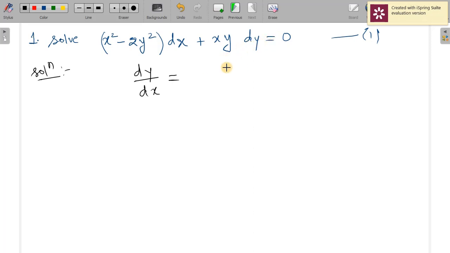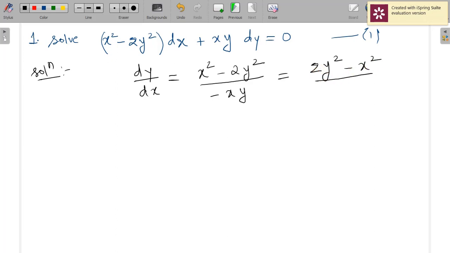When it comes down, minus xy goes to the other side, and we have (x² − 2y²) by minus xy, which can be written as, taking this minus on top, (2y² − x²) upon xy.